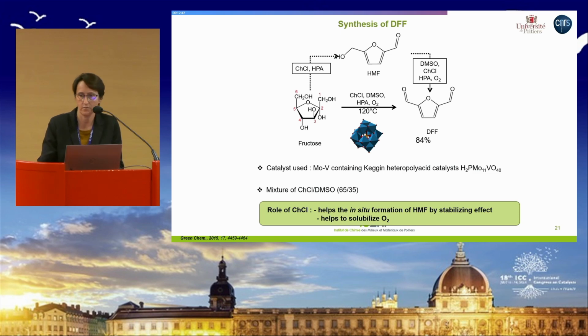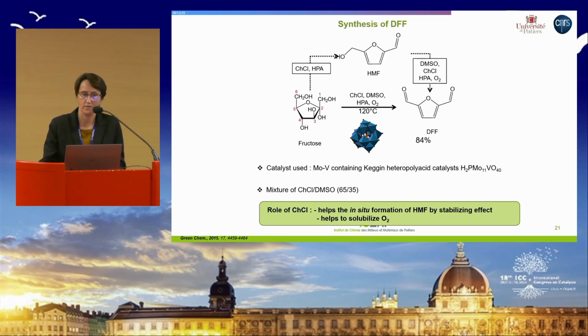You can imagine that we want to avoid dimethyl sulfoxide. So we tried to do it in 100% choline chloride. We said, oh yes, we will obtain HMF and so on, but the main problem is that after oxidation, what we obtain is a solid. So we stopped at 40% yield, and nothing occurred after with choline chloride.